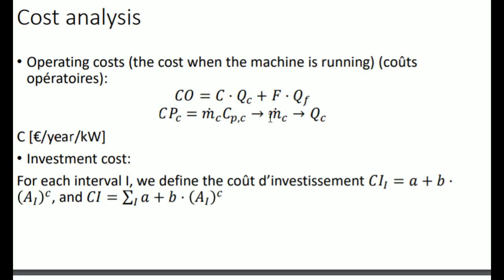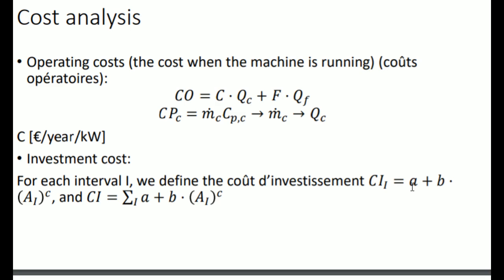And then it is added to an investment cost that is paid only once, so it does not apply while the machine is running, it's before. So for each of the intervals of enthalpy, we define a criterion called the coût d'investissement, so investment cost.